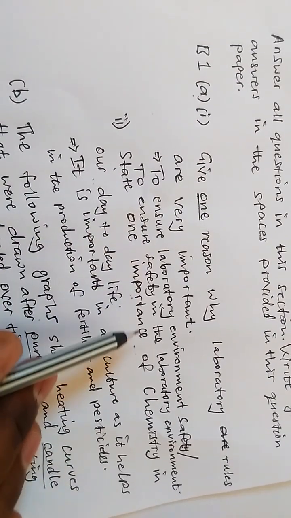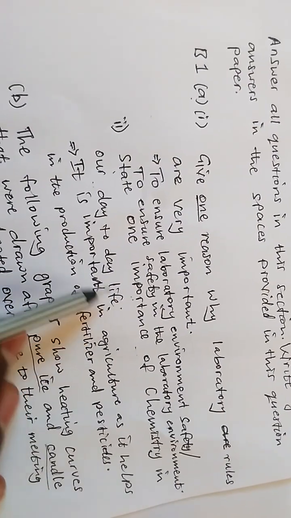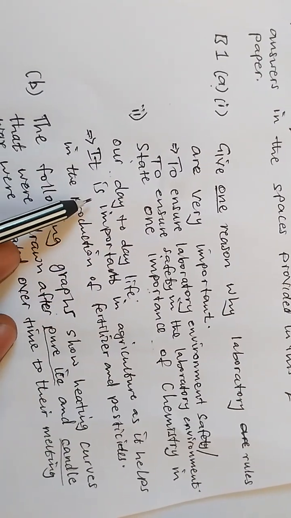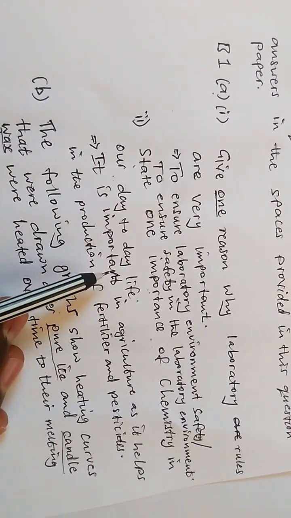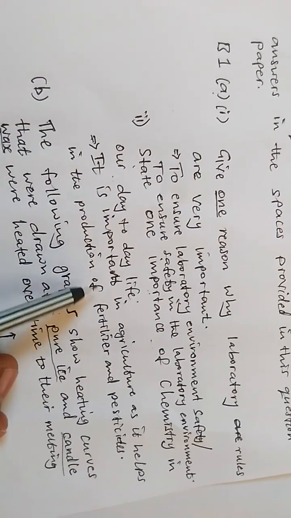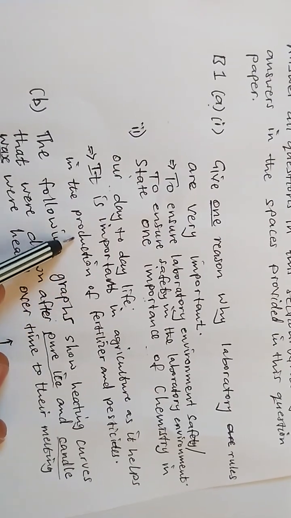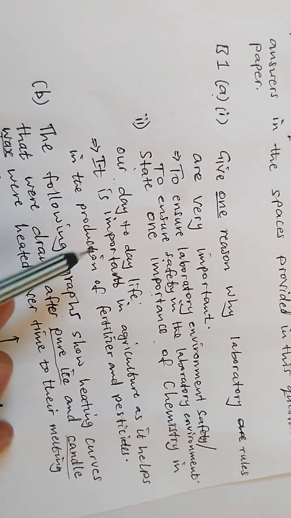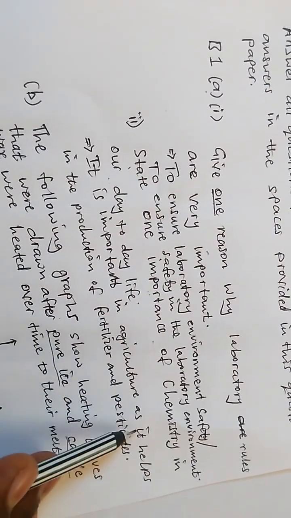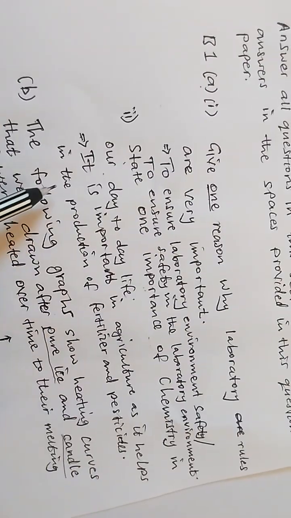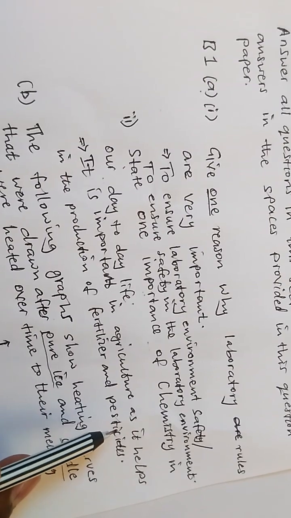So we see that the importance of chemistry is that it is important in agriculture, as it helps in the production of fertilizer and pesticides.